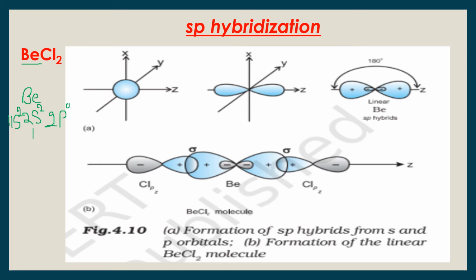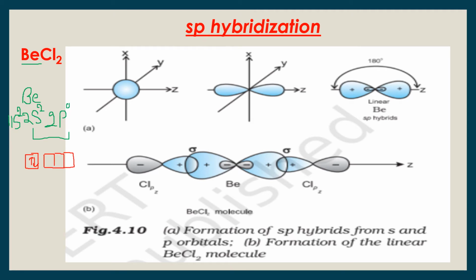These are the valence electrons. The valence shell is the second, and the valence electrons are present in 2s. 2p is empty. So these are the 2 electrons, and 2p, if I show here, it has to be shown like this, empty.